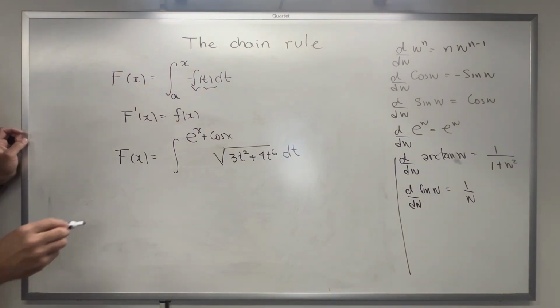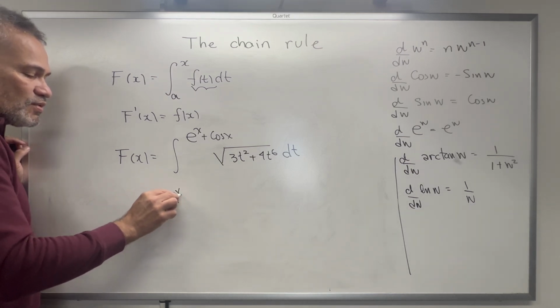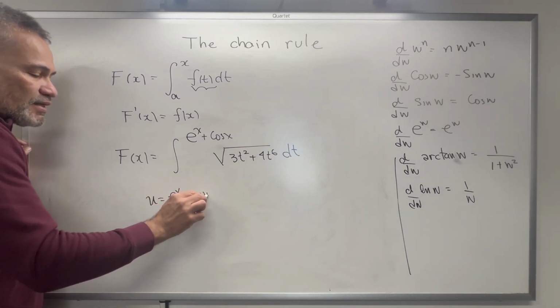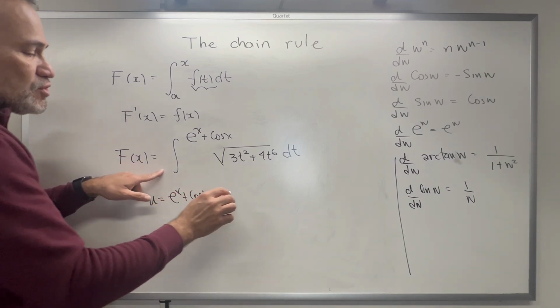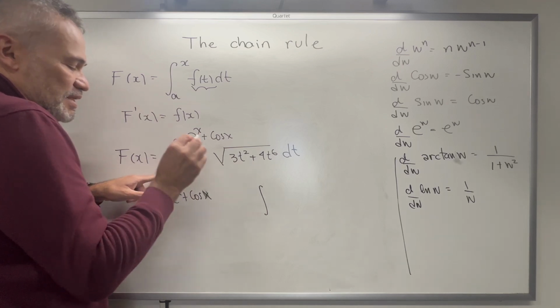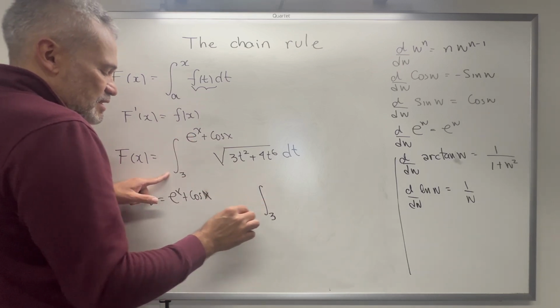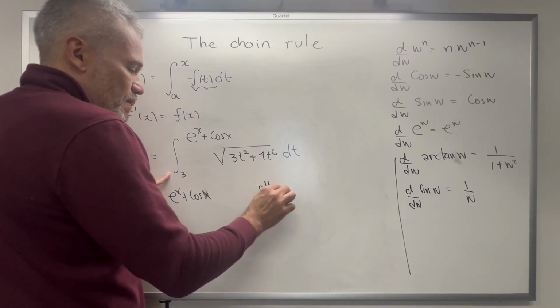Then again, if we make u equal to e to the x plus cosine of x, then we notice that this function changes into this function.